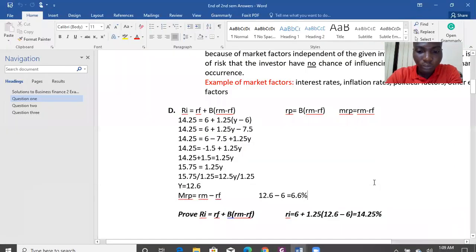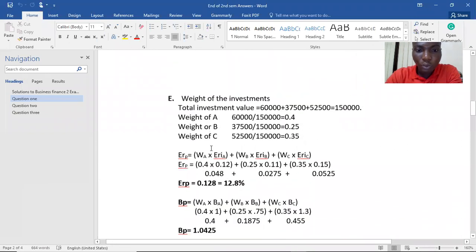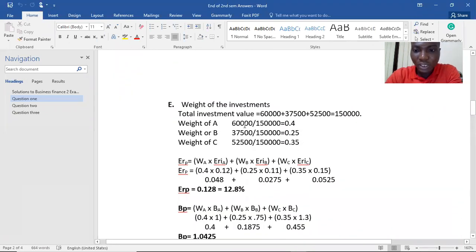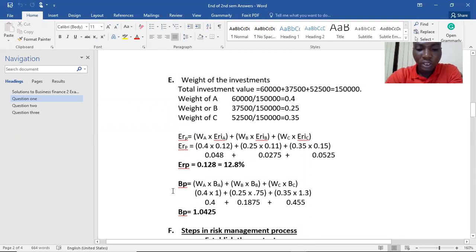We found the total investment value, and divided each of them by the total to get the weight. We used that to find our expected return, and then we found our beta.